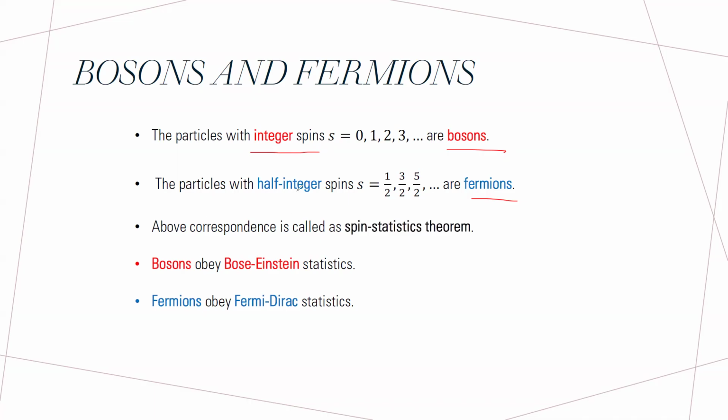This correspondence is called the spin statistics theorem. Bosons obey Bose-Einstein statistics, and fermions obey Fermi-Dirac statistics. So today we are discussing the details of the Bose-Einstein statistics, but next time we will go through the Fermi-Dirac statistics.